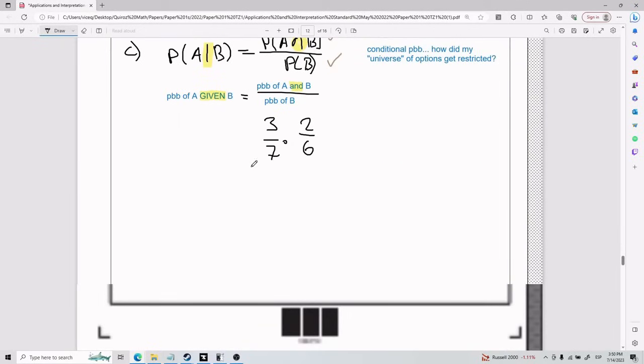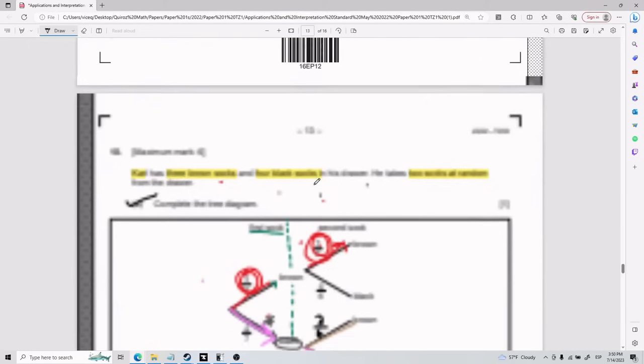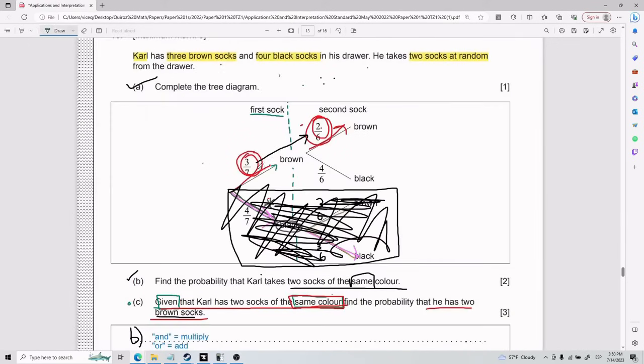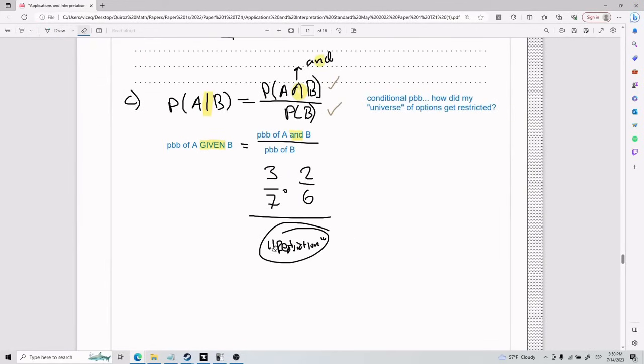And since I'm restricting my universe, down here is my restriction. What is my restriction? That I have to go through the path on the top initially, and the path on the top has a probability of 3/7. So if I have to go through the path on the top, I'm forgetting the path on the bottom. My restriction is that this has to be 3/7.